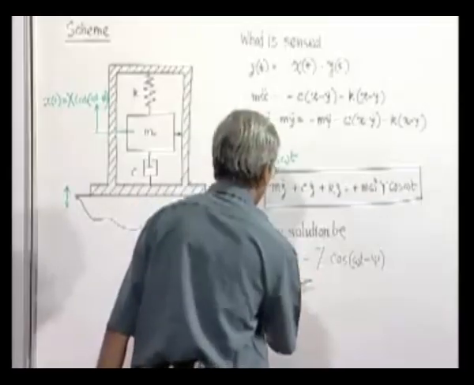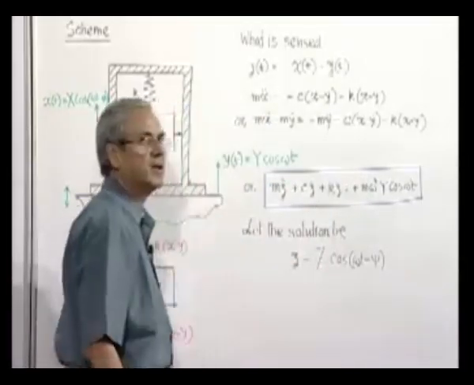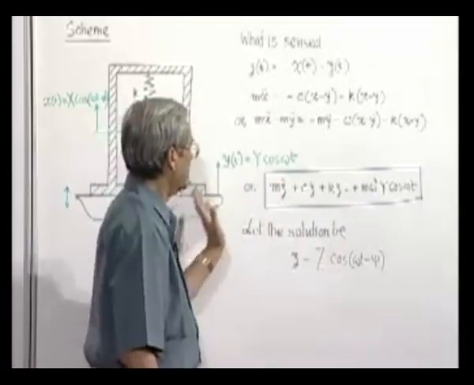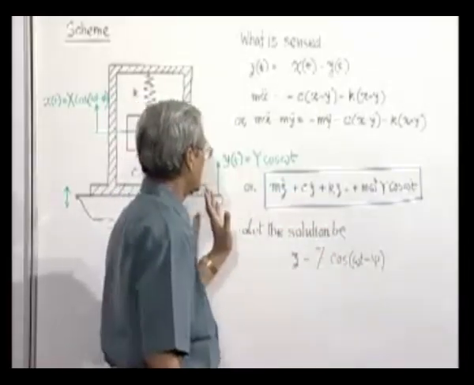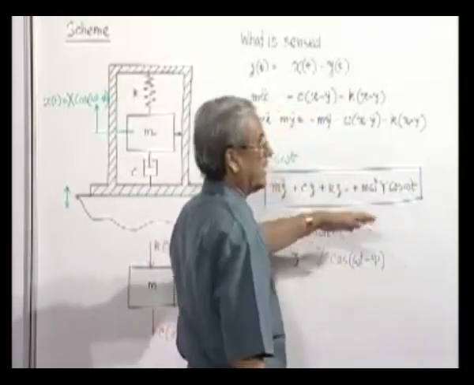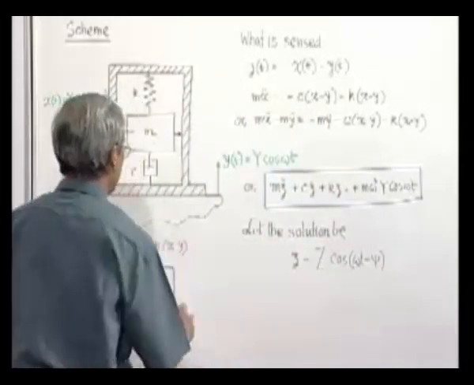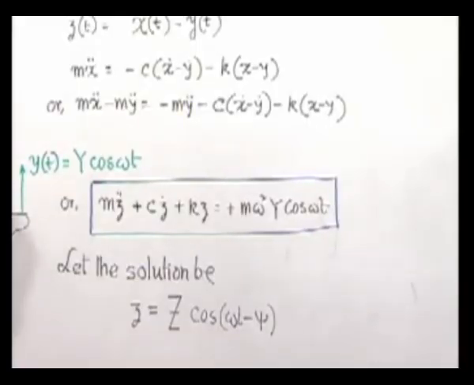If you substitute z in this and equate the coefficients of cosine omega t on both sides and sine omega t on both sides, we will get two things.